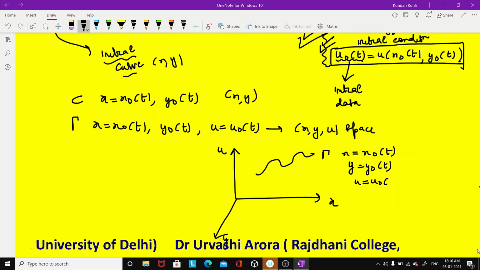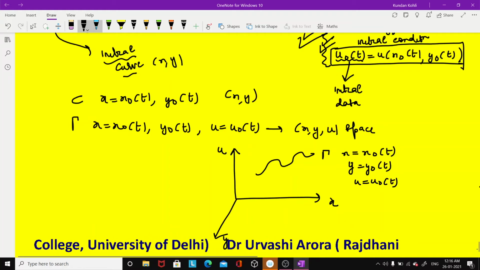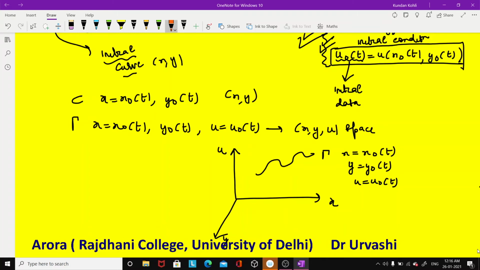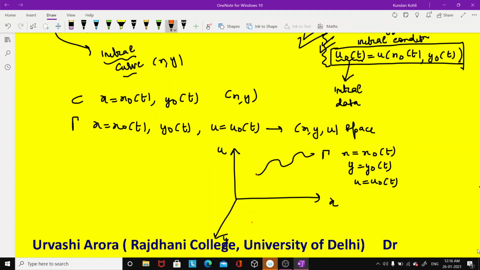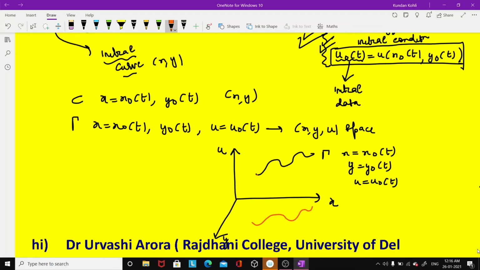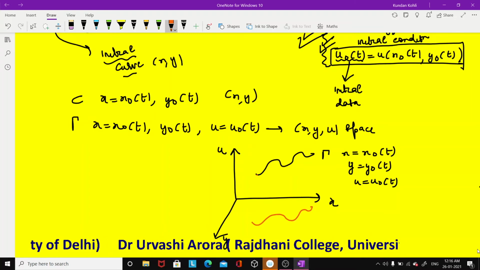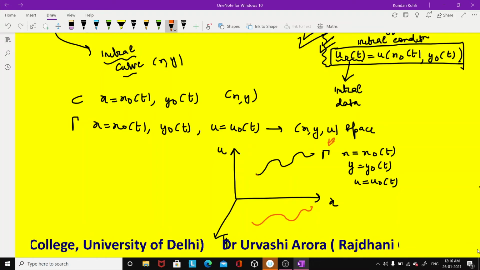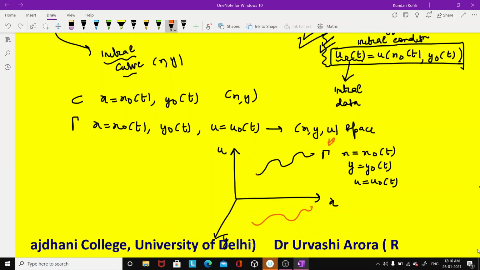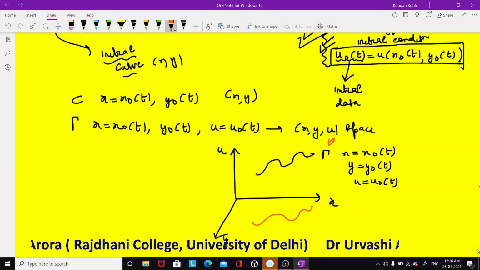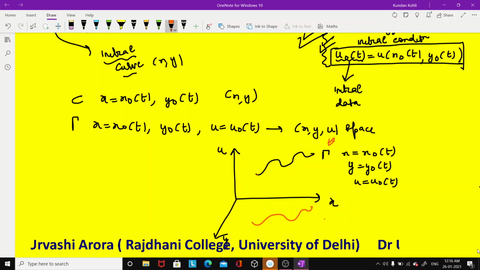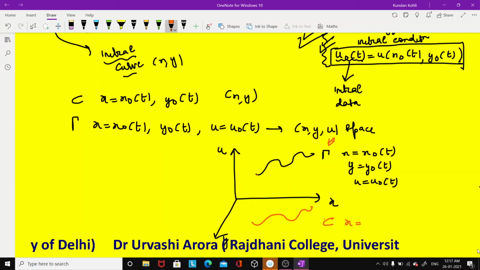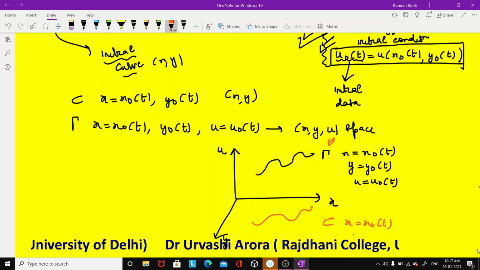And now if you take the projection of the curve gamma on the xy plane, the projection means, in a way, you can just assume that we are taking a shadow of this curve gamma on the xy plane. So when you take the shadow of this curve, in layman's language, the projection of the curve gamma in the xy plane would be this curve C, x is equal to x naught t, y is equal to y naught t.